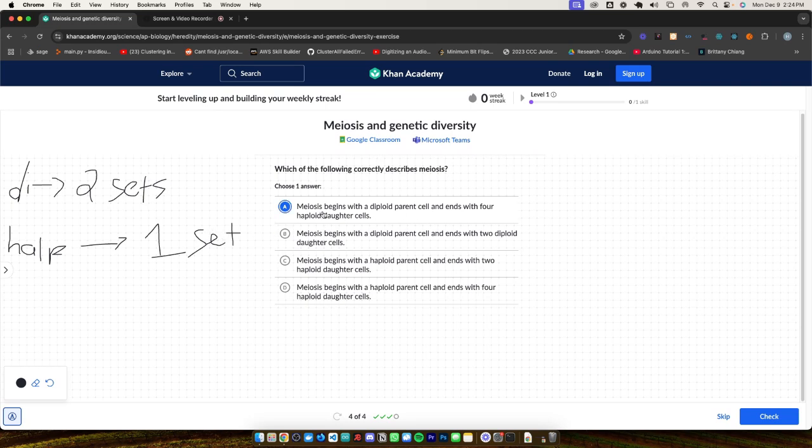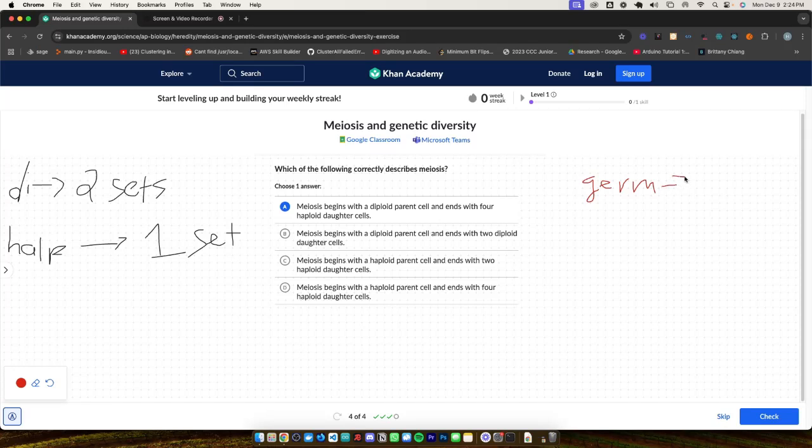But in meiosis, what happens is the germ cell, which is the original cell that is divided to create the gametes, the sexually reproducing cells, sperm and egg. So your germ cell is a diploid cell, right?